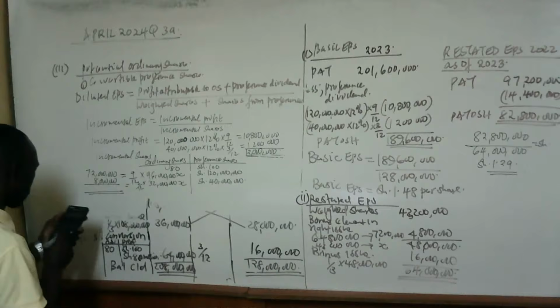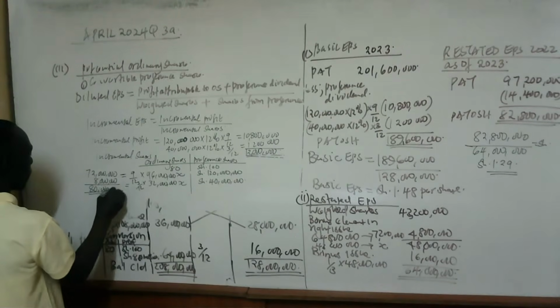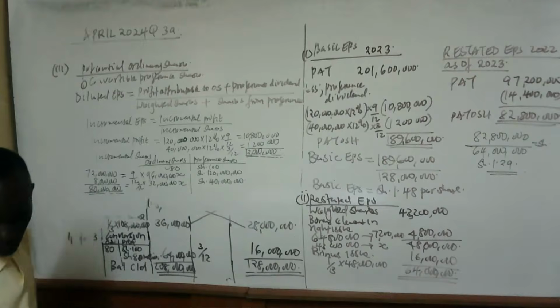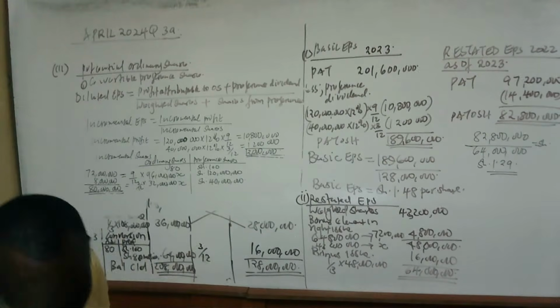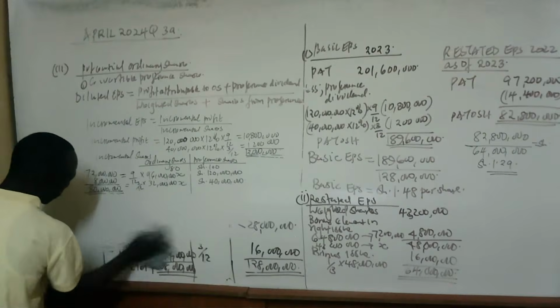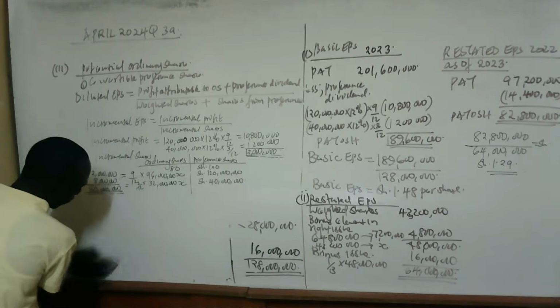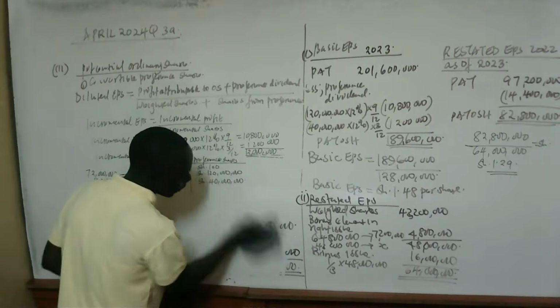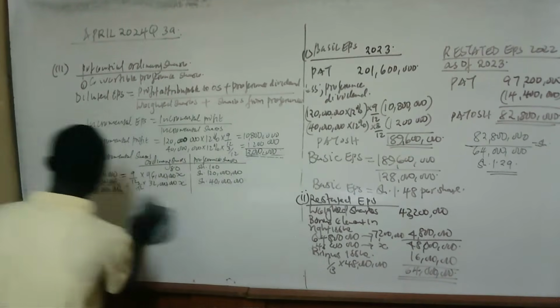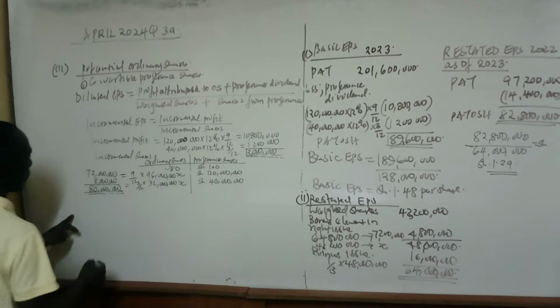So our incremental shares is going to be this plus this, so you will get 80 million. Once we have gotten incremental shares, we compute the EPS. Then from EPS, we can see whether it has increased or decreased. Very easy.